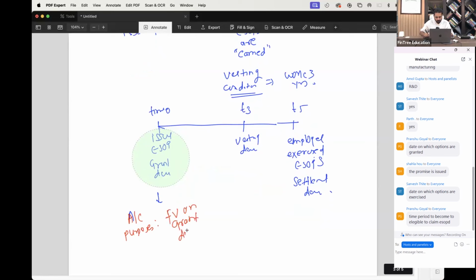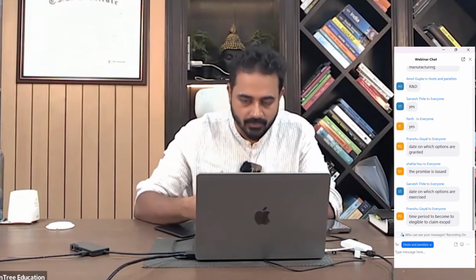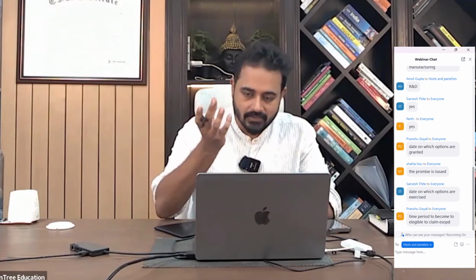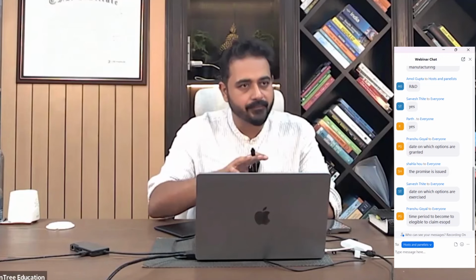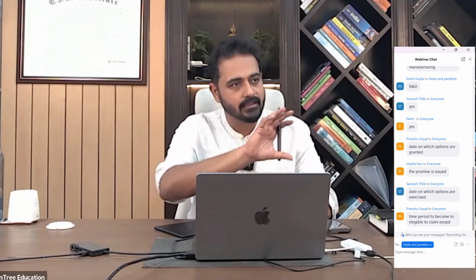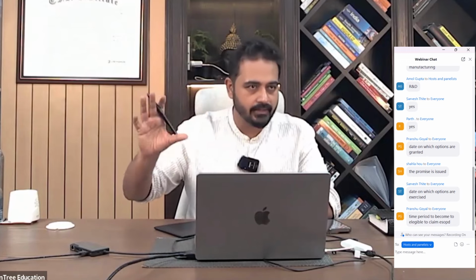We will not be worried about how the value changes after the grant date. For example, let's say today I decided that we will issue ESOPs for a particular company, then whatever is the fair value of those options today, that value gets locked in. That's the value I will use for accounting for the entire tenor.